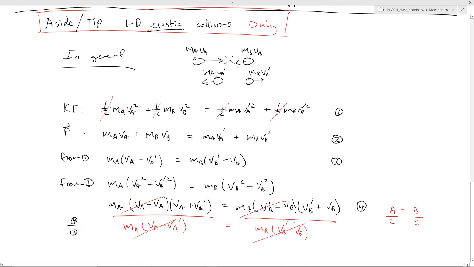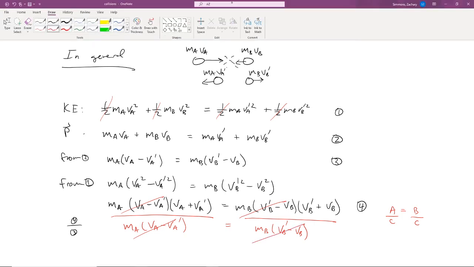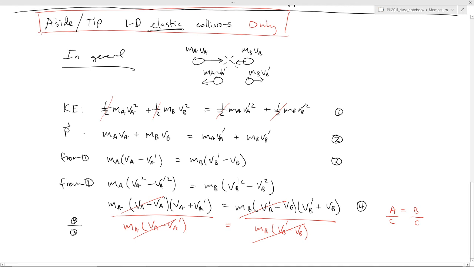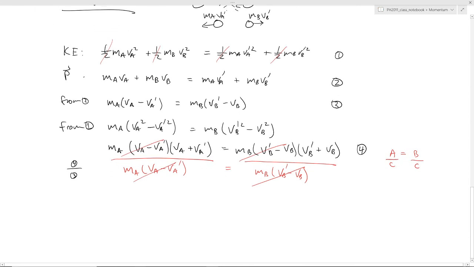And then what we're left with is a really concise expression: VA plus VA prime is equal to VB plus VB prime. We can reorganize this if we want. We could say that VA minus VB equals VB prime minus VA prime.